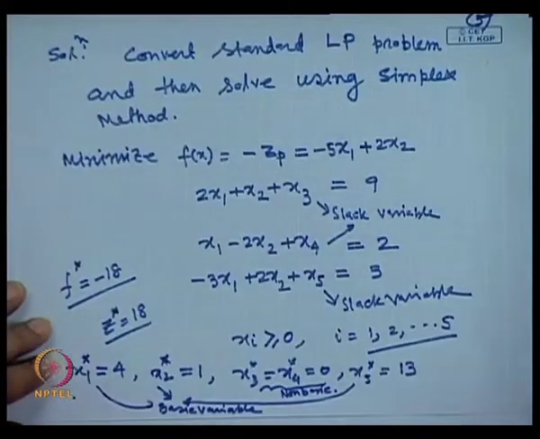How to convert the values of the dual variables into the values of the standard variables is the next issue. So, now we have converted our problem into a standard LP problem, and now we will convert this standard LP problem into a dual problem.